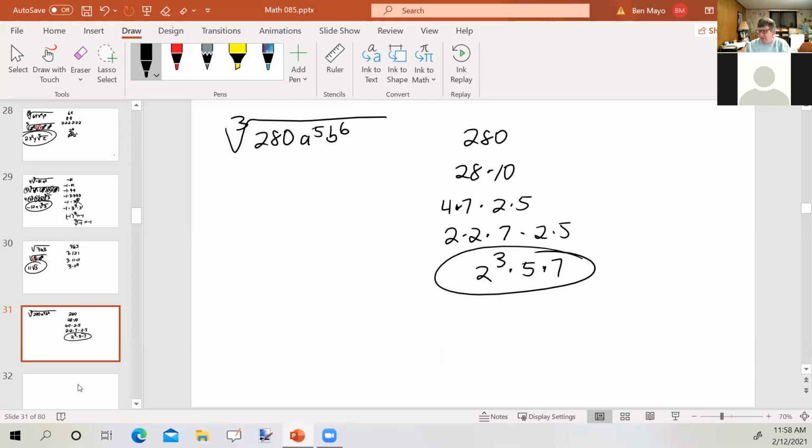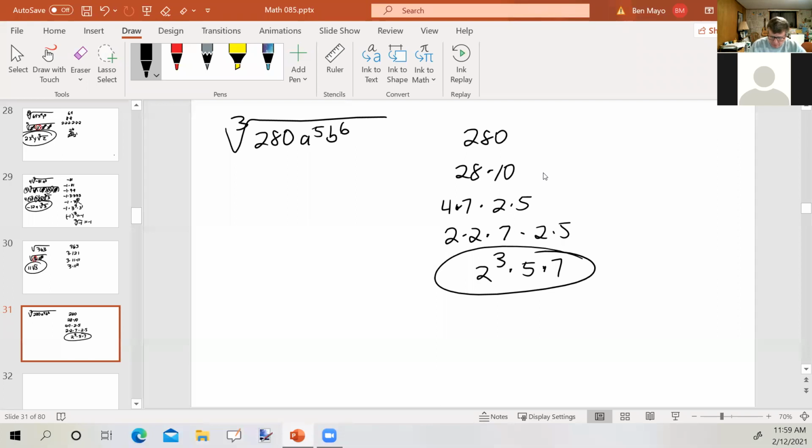So basically what I've done is the prime factorization of 280. Broke it down to all prime factors. You probably haven't done that since you first learned about fractions and stuff. But anyway, you follow how I got that?